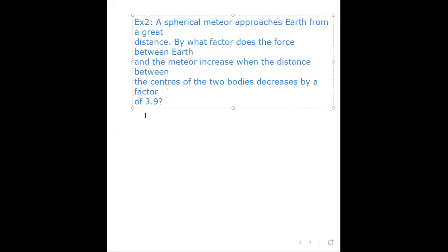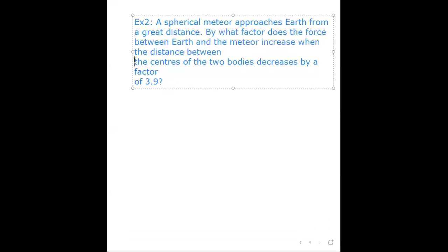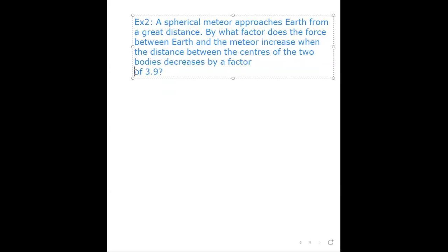Okay, so let's see this question. We covered yesterday the gravitational force between two objects.